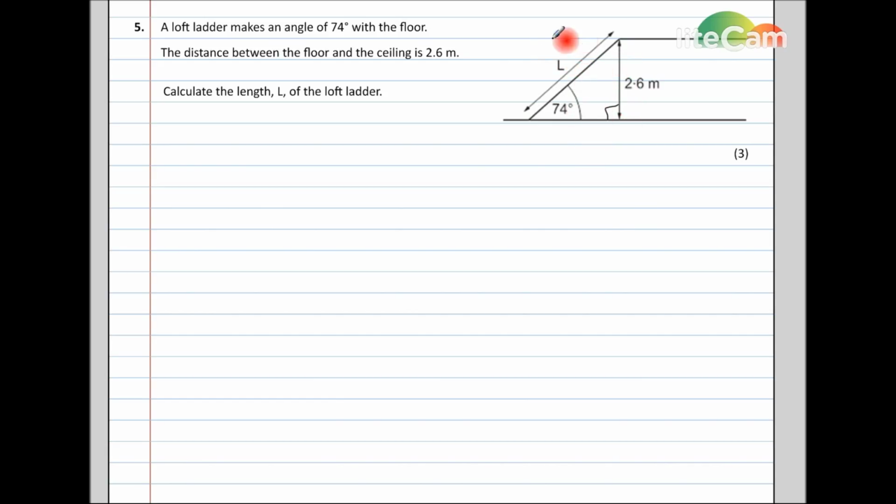This side's opposite the right angle, so that's the hypotenuse. This will be the adjacent, that's next to the angle, and this side will be the opposite. So the problem we've got involves the hypotenuse and the opposite. So let's write SohCahToa down.